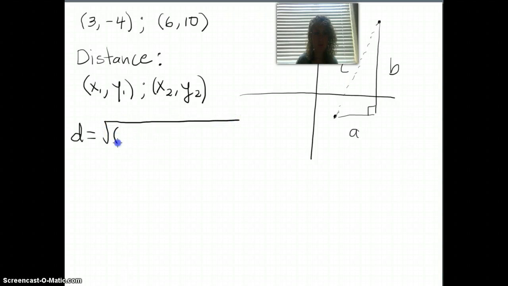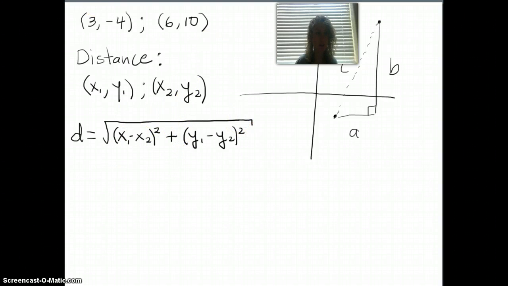We have the difference between the x's, so x1 minus x2, and that thing has to all be squared. And then we add on the difference between the y's, so y1 minus y2, and that thing also has to be all squared. Okay, that all goes under the square root symbol.